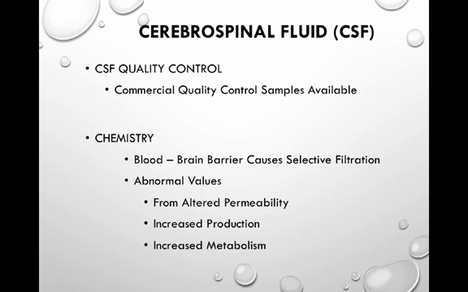Abnormal values of CSF analytes are the result of an altered permeability of the blood-brain barrier, or a result of increased production or increased metabolism of an analyte. So there's a special CSF QC for chemistry tests. The ranges can be very different from the plasma or serum values, so you can't just use the same normal value charts that you do for plasma.